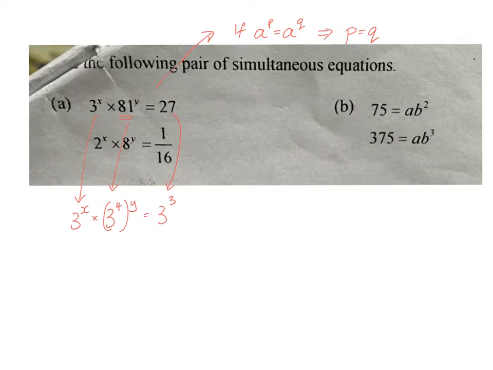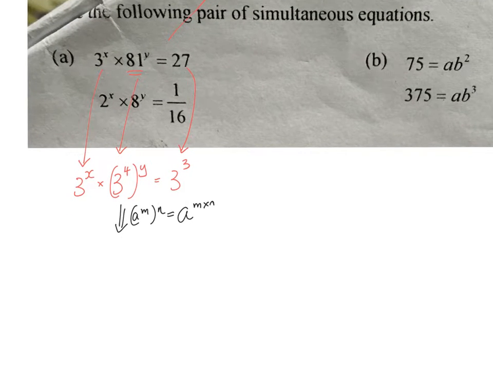So over here, I use the fact that (a^m)^n is a to the power of m times n, one of the laws of indices, and this is 3 to the power of x times 3 to the power of 4y equals 3 to the power 3.